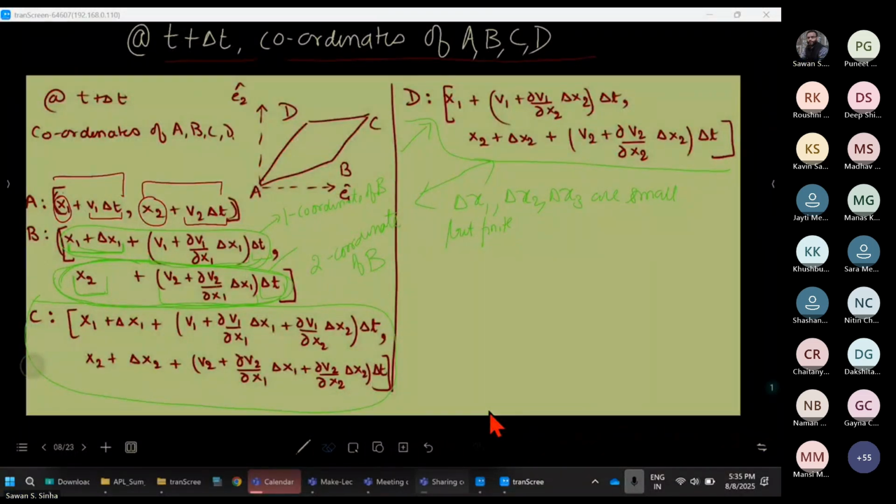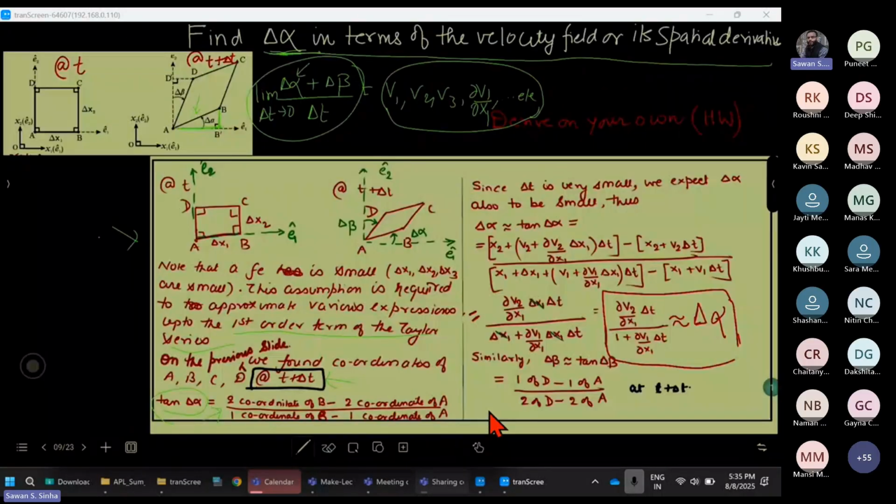Tan delta alpha is exactly the 2 coordinate of B minus the 2 coordinate of A, divided by the 1 coordinate of B minus the 1 coordinate of A. Trigonometry. We have used this kind of result many times so far.